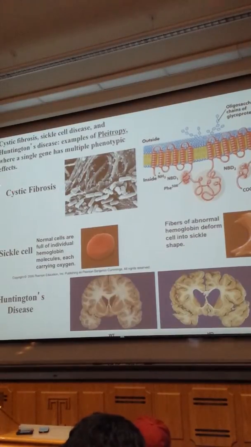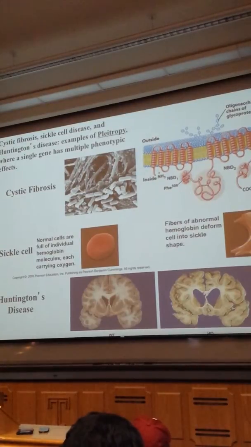Individuals with cystic fibrosis don't have a functional chloride transporter, and so consequently the fluids in their lungs are very thick, and because they're thick and full of mucus, they will support large numbers of bacteria. So individuals with cystic fibrosis have problems with pneumonia.